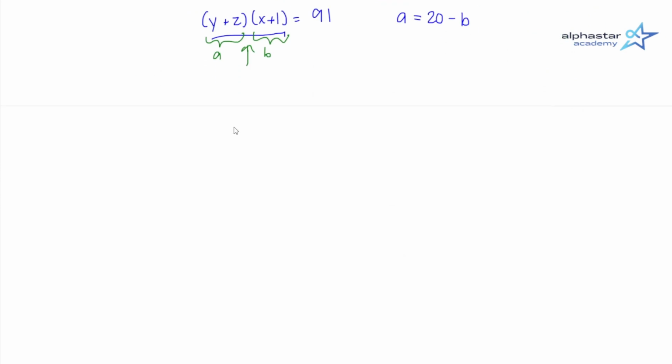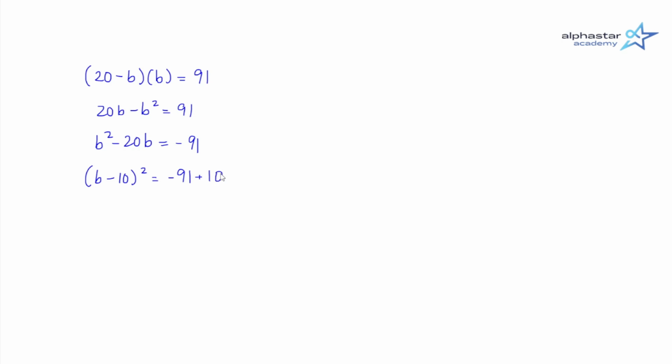Well, ab = 91, so a becomes 20 − b, and (20 − b)b = 91. If we expand that out, we get a quadratic, which we can solve or factor. In this case, I'm just going to use difference of squares: −91 + 100 gives 9 here.